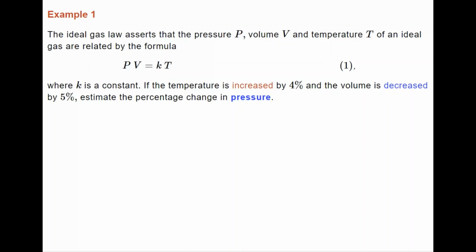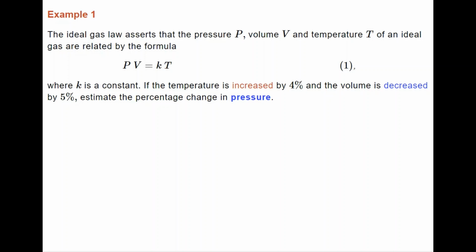In this equation, all three major variables, pressure, volume, and temperature, are related to each other. So if we consider a change in two of the variables, then the third variable must undergo some change. So we are considering a change in temperature and in volume.